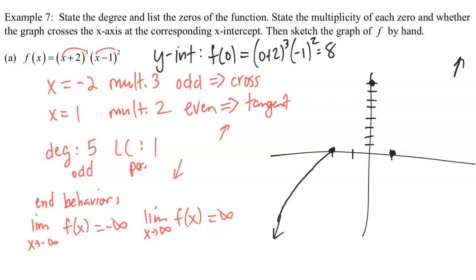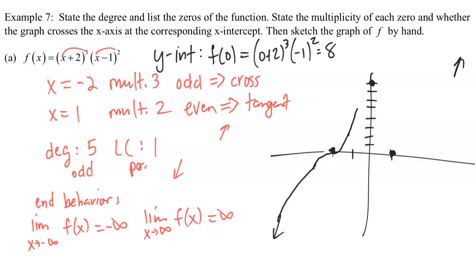And then if I look back at my information over here at x equals -2, I said I was actually going to cross the x-axis. And I'm going to do it like a graph with multiplicity 3 does. And so that's going to look like a cubic. And so really, probably what I need to do is actually erase a little bit of this and come into this 0 more like a cubic does, where it sort of flattens out. And notice that I'm actually crossing the x-axis there.